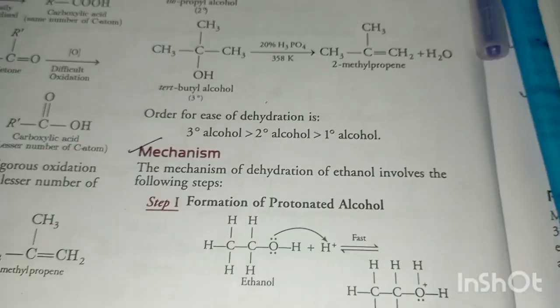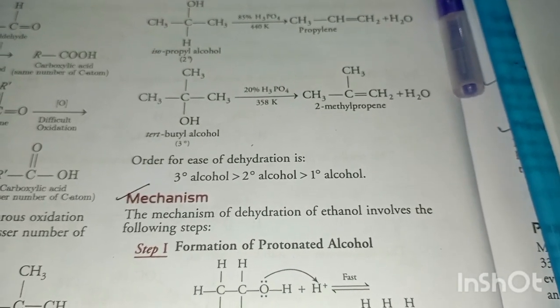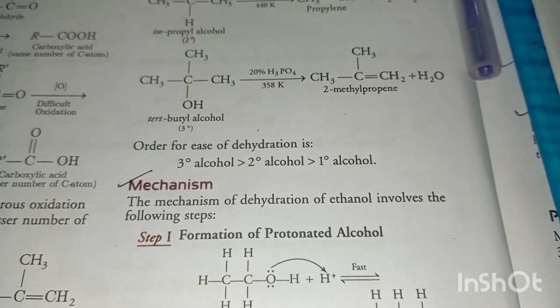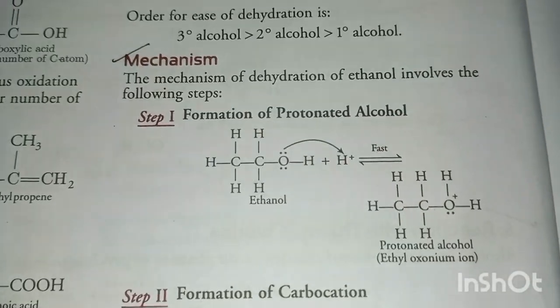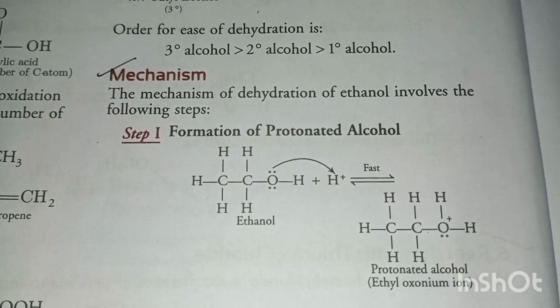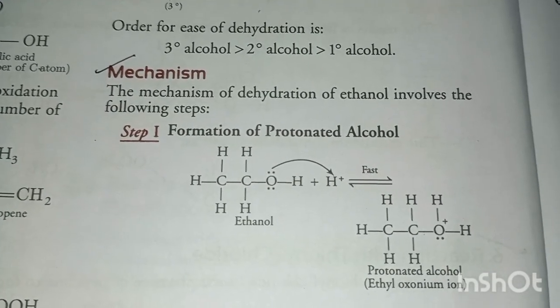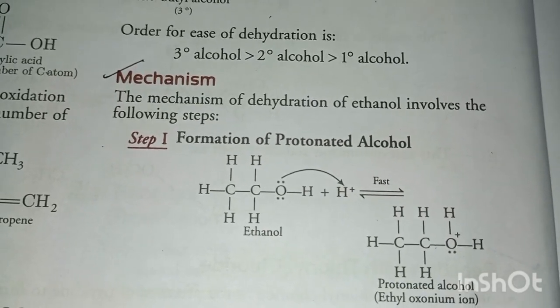Now you must be thinking why tertiary alcohol is the one that is most easily dehydrated. The reason lies in the mechanism. The rate determining step here is formation of carbocation. The tertiary carbocation is the most stable one. Why? Due to more hyperconjugative structures plus the +I effect of the CH3 groups, that is alkyl groups.